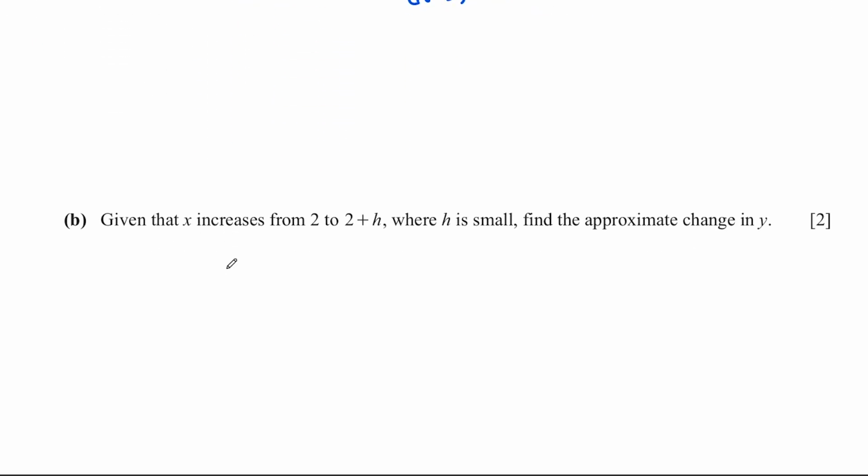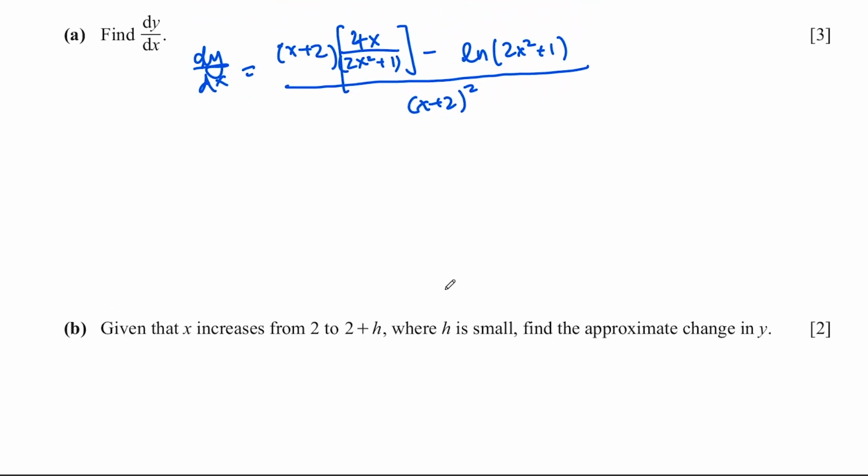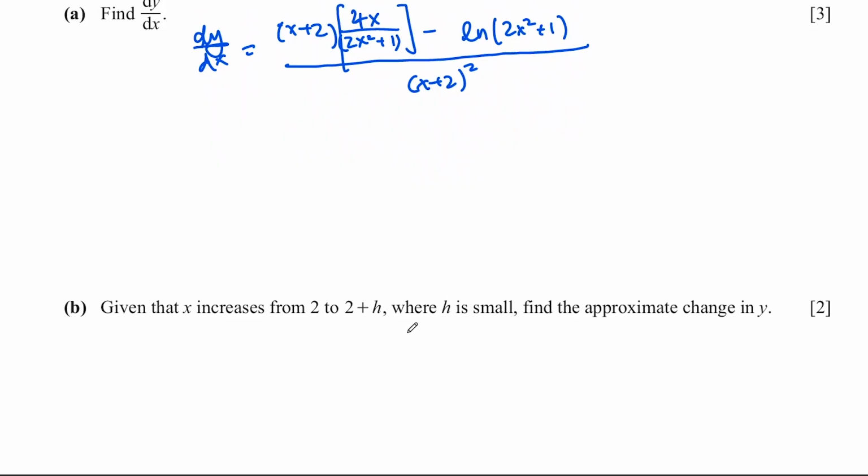Okay, given that x increases from 2 to 2 + h, where h is small, find the approximate change in y. So we know that the change in x will be h. We want to find the corresponding change in y, and since the change is small, we can approximate it using the derivative evaluated at that point. So the corresponding change in y will be the derivative multiplied by the change in x.